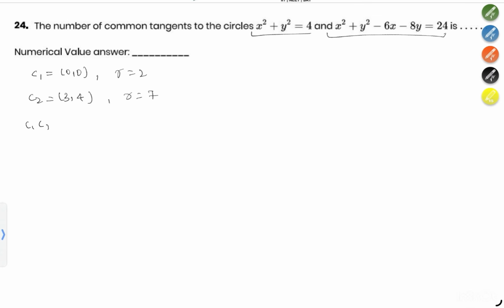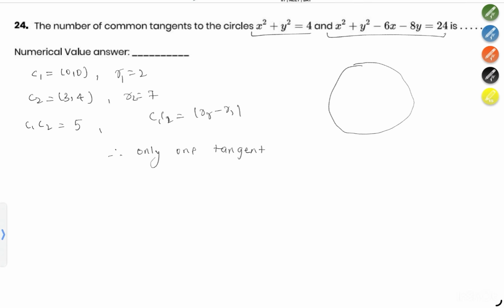So C1 C2 we can find is 5, and here we can easily see that C1 C2 is equal to mod of R2 minus R1. Therefore we have only one tangent, because in this case one circle is inside the other circle. This kind of condition we will have.